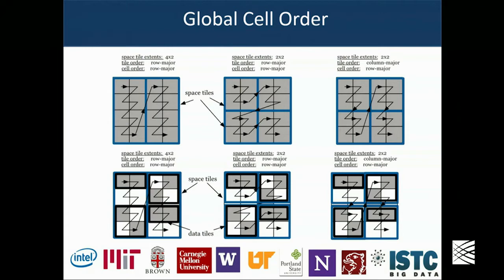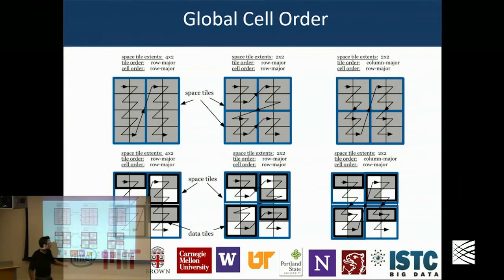So what do we do? We sort the non-empty cells. The empty cells we don't care about. We sort them in the global order we defined, and then we chop them. We traverse essentially this curve. We say these two go together. Let's create a data tile. Then another 2 follow. This is another data tile, and so on and so forth.